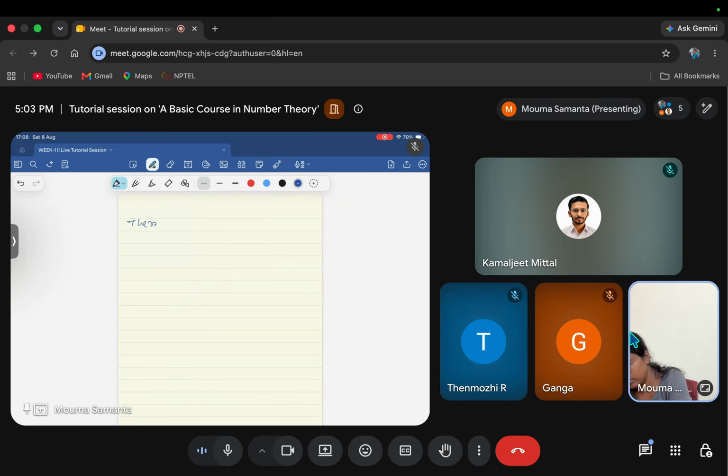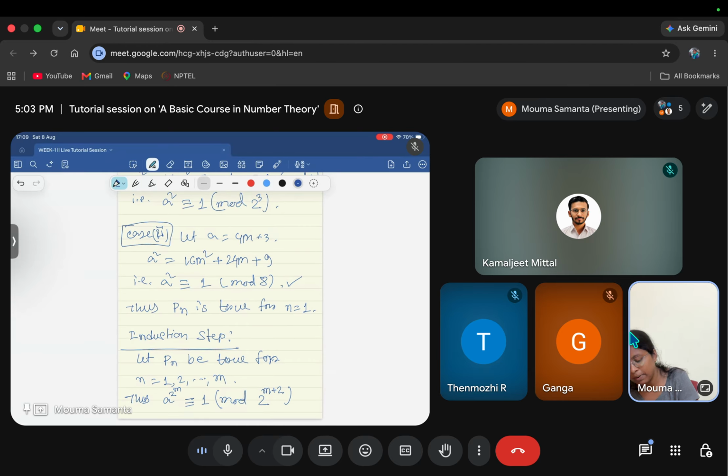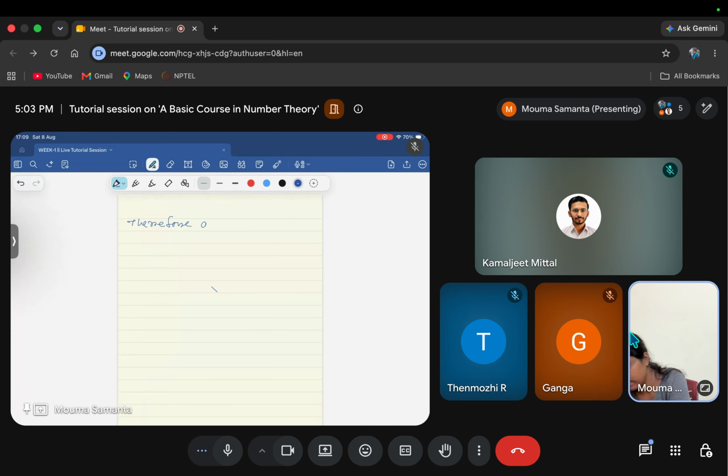Therefore we have A power 2 power m minus 1 is divisible by 2 power m plus 2. Therefore A power 2 power m will have the form 1 plus r into 2 power m plus 2 for some integer r. This is by definition of congruence.